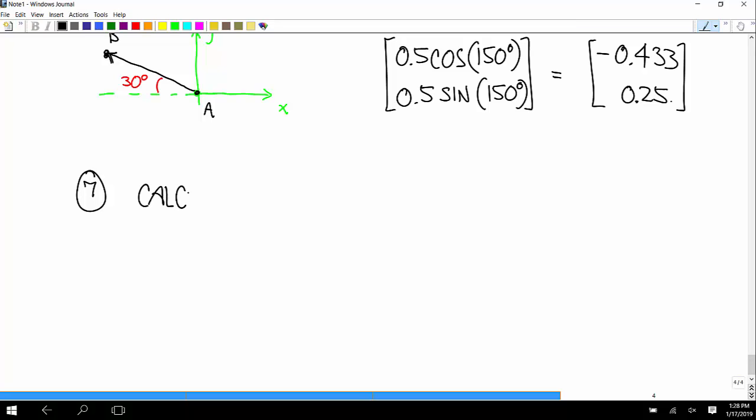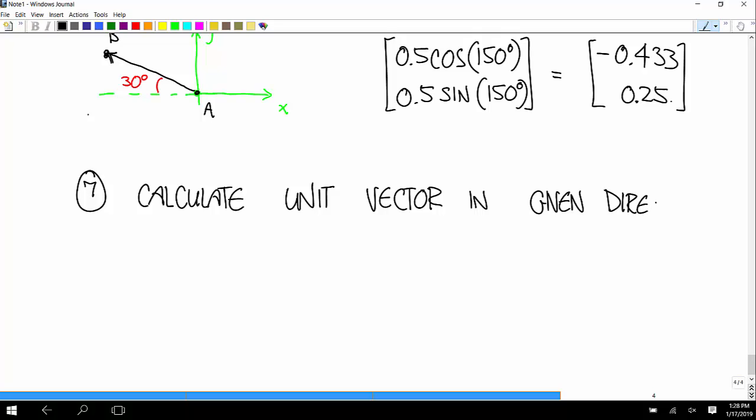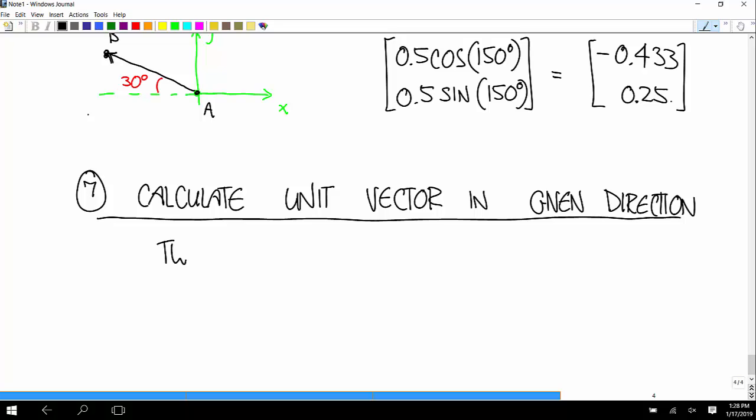So calculate a unit vector in a given direction. Okay, so there are two ways to calculate this.